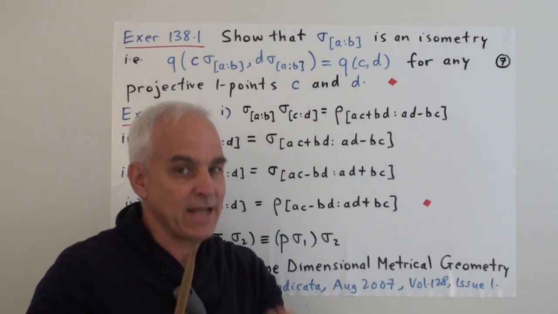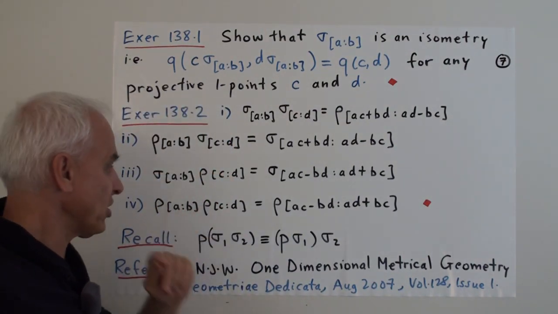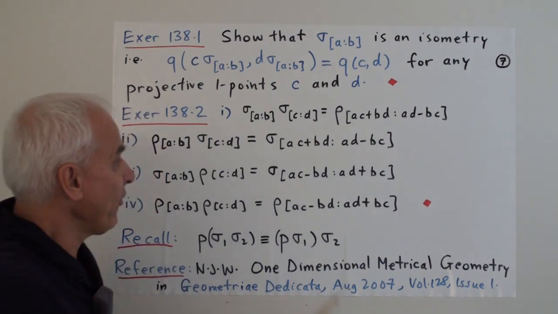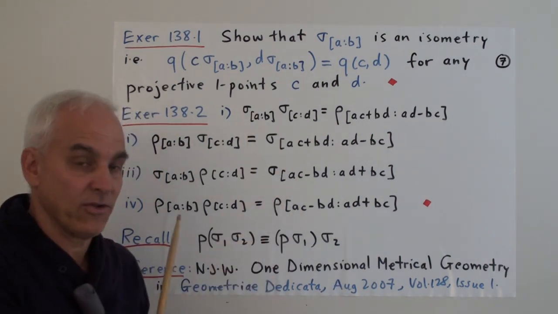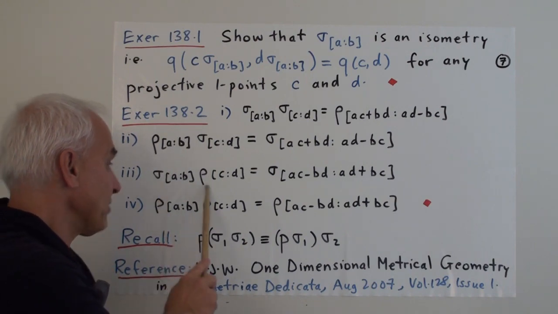So I want you to extend this now to not just understand what a rotation times a rotation is, but also what a reflection times a reflection is, and what a rotation times a reflection is, and what a reflection times a rotation is.